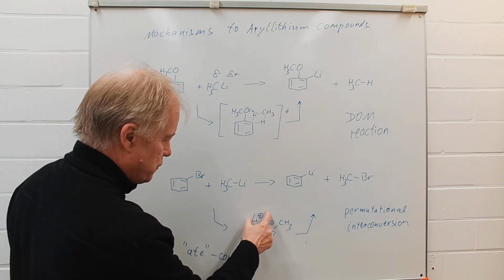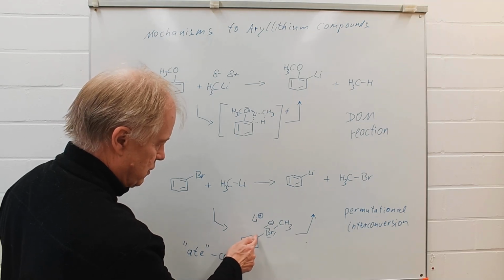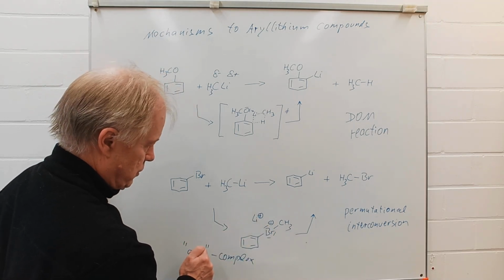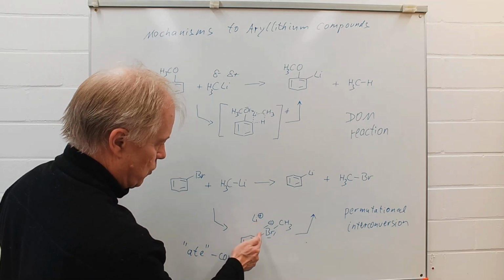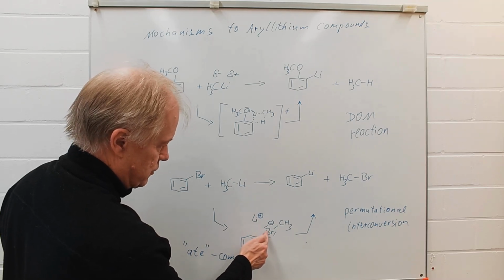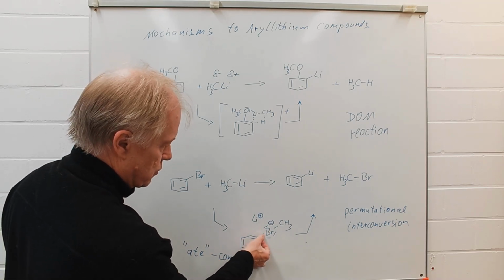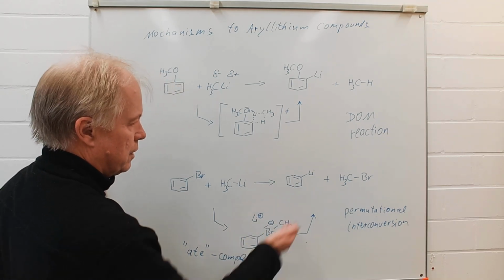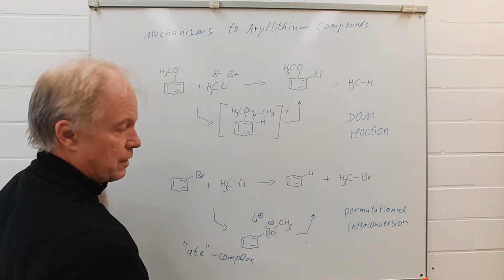And this lithium countercation will then attack this carbon-bromine bond and will then be coordinated to the carbon while this bond is broken. So the electron density goes to the lithium, and then we have the aryllithium compound and the methyl bromide.